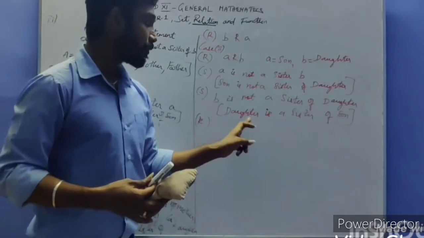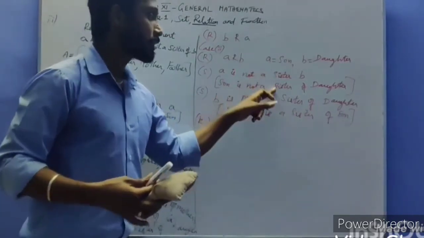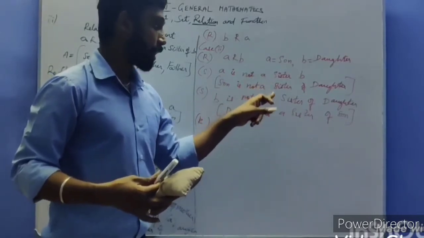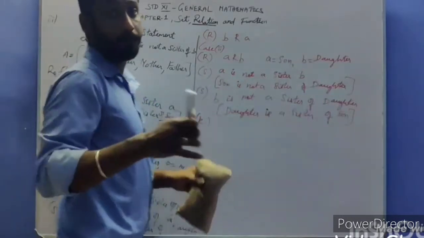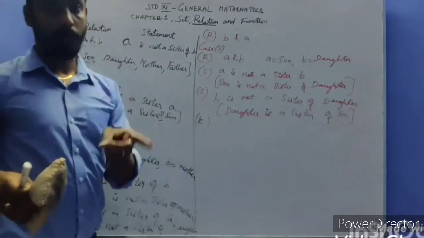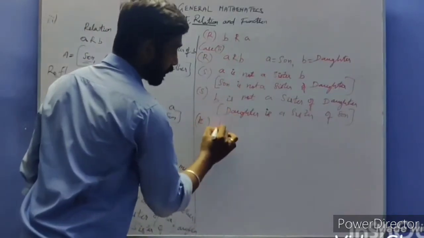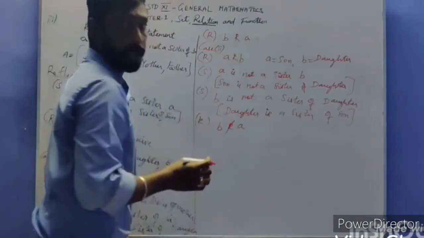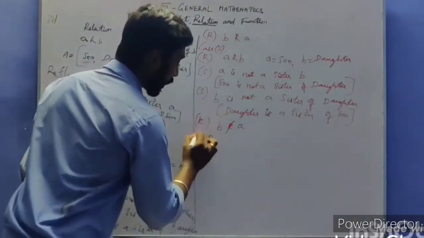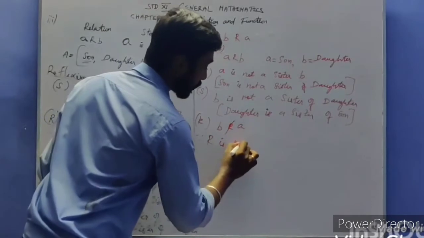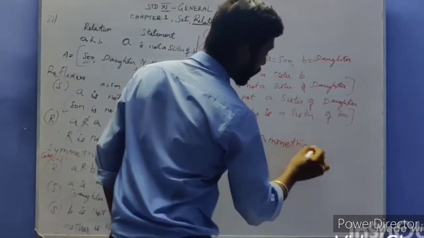If the daughter is younger or elder, she is called a sister. One statement is correct, another statement is wrong. I already told you, if any one statement is wrong, it is not related, because B is not related to A. If one statement is not correct, you write R is not symmetric.